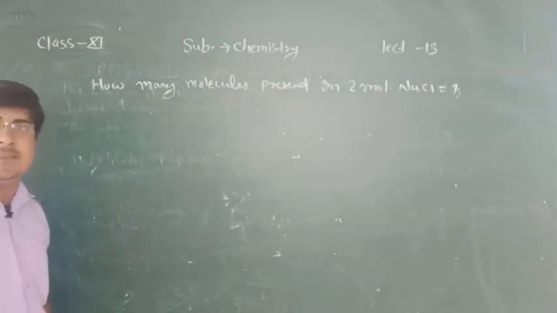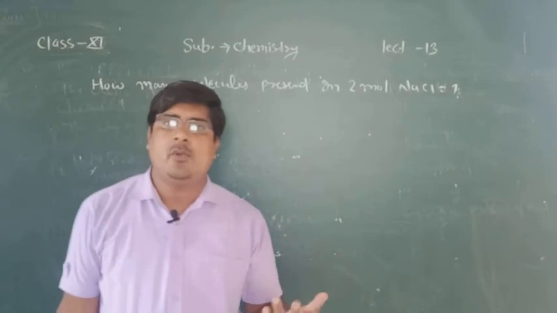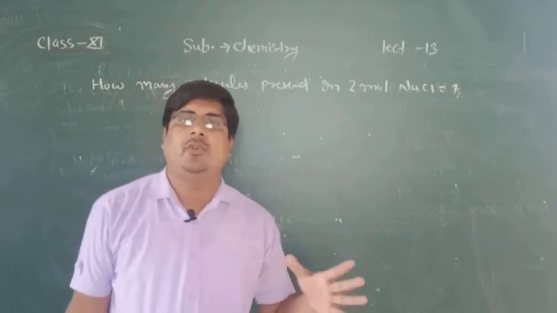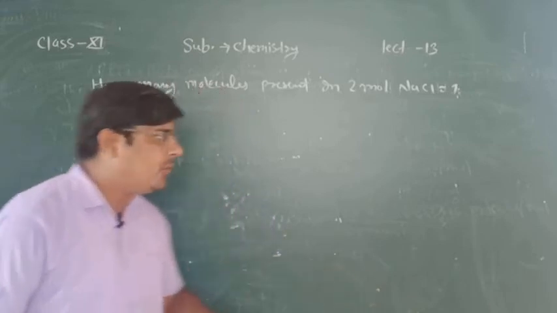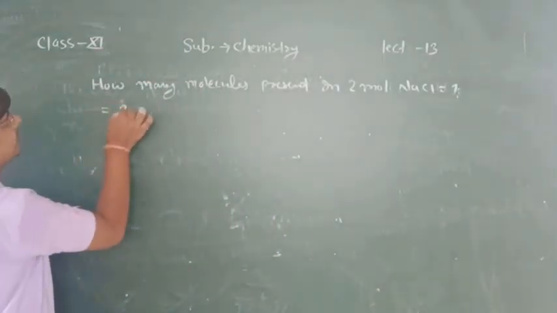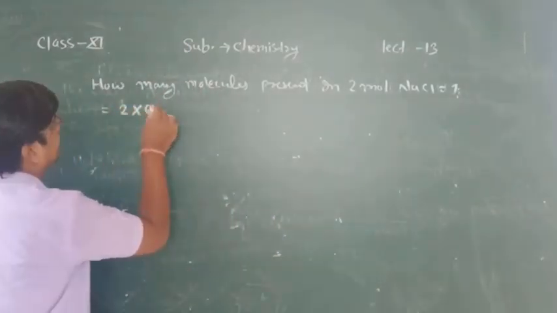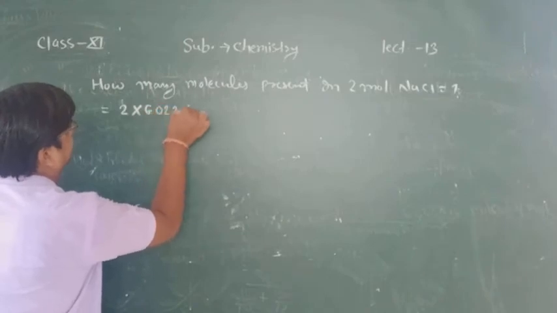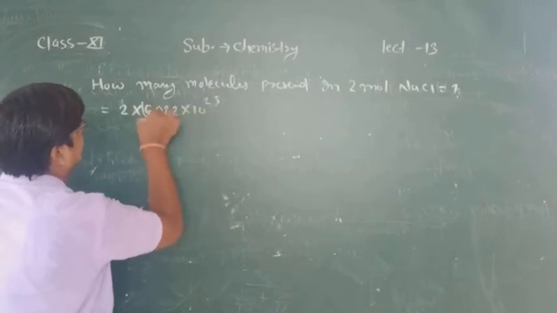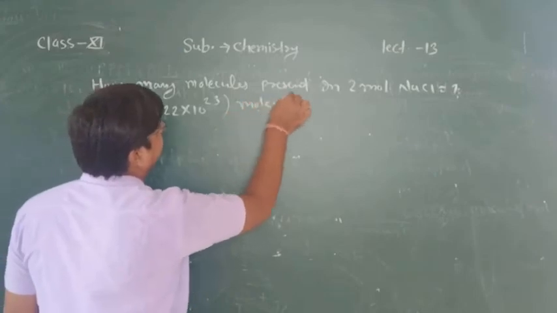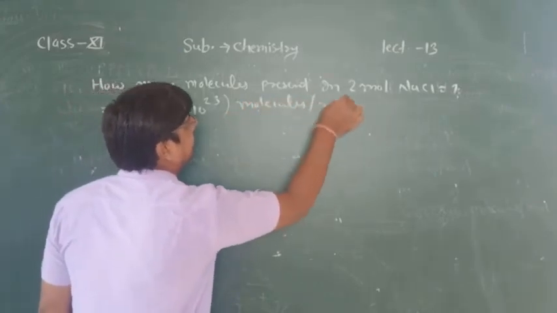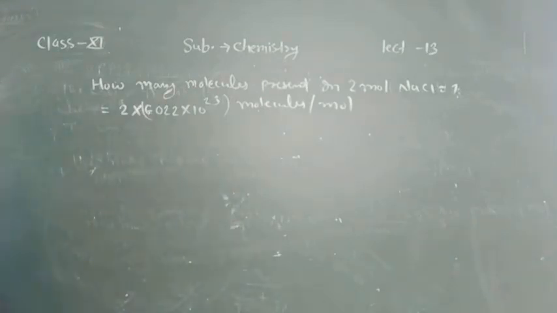In 1 mole NaCl there will be 6.022 into 10 to the power 23 molecules. So in 2 mole your answer will be 2 into 6.022 into 10 to the power 23 molecules. Very simple question is this.